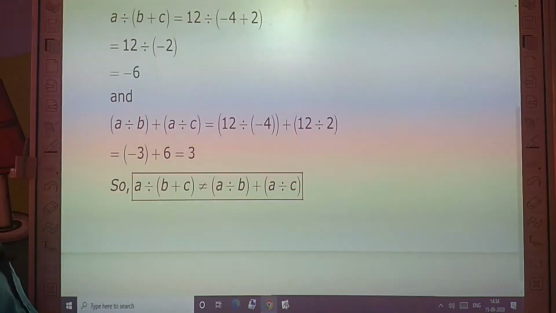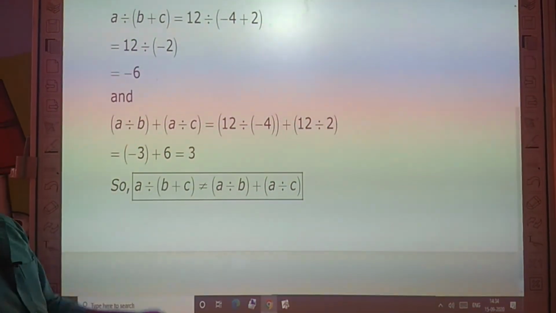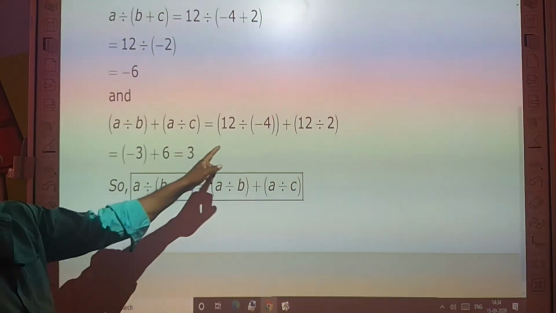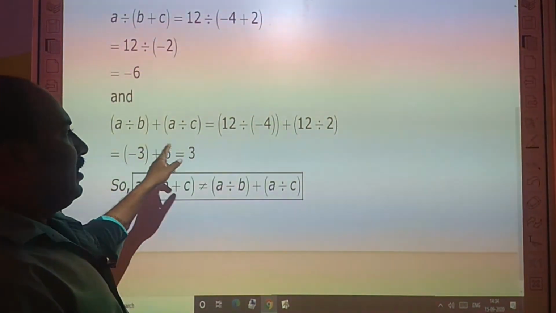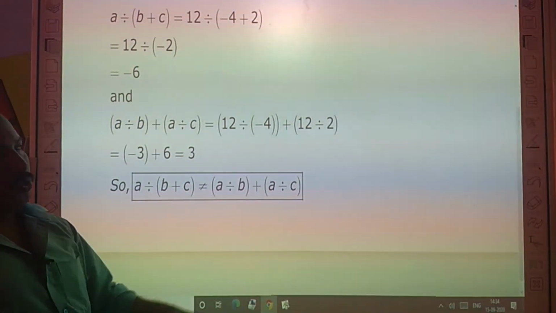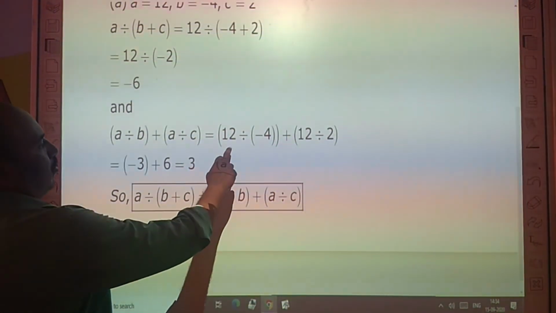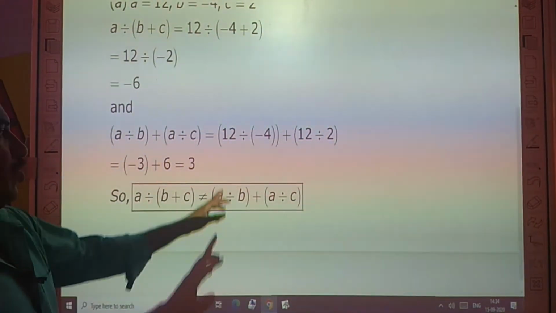Then the RHS, A divided by B plus A divided by C, with A equal to 12, B equal to minus 4, C equal to 2. 12 divided by minus 4 is equal to minus 3, since 3 fours are 12.